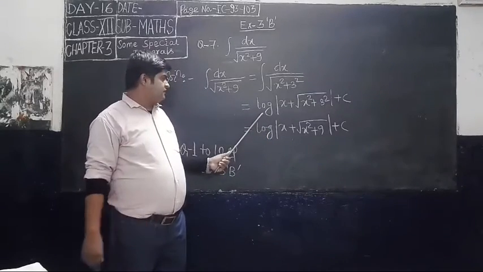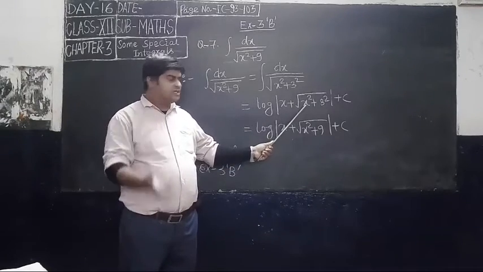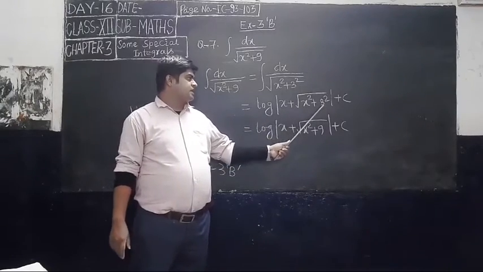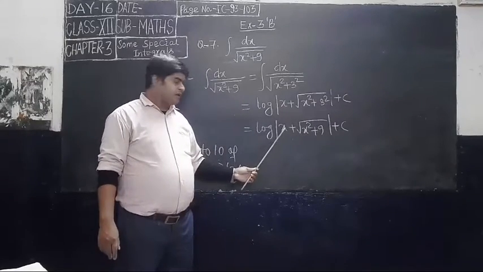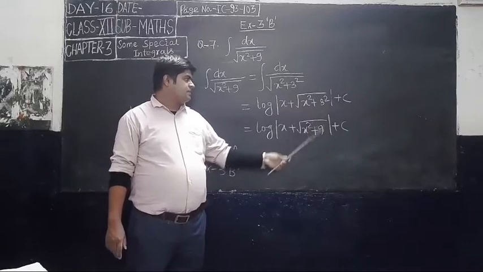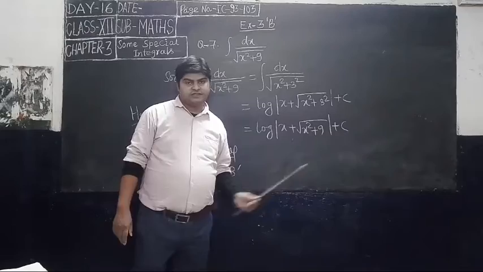You will write the direct answer: log of mod x plus under root x square plus a square, that is log of x plus under root x square plus 3 square, that is x square plus 9, plus constant term. So this is your answer.